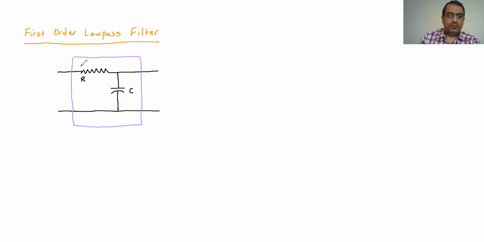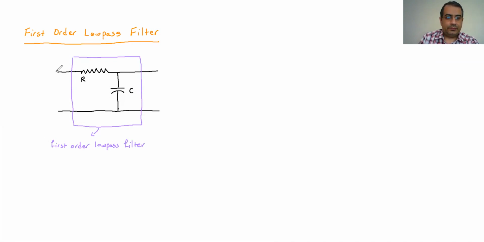This box here, whatever is represented here, is going to be the first order low pass filter. So that simple circuit, the combination of the R and C as this, behaves as a low pass filter.